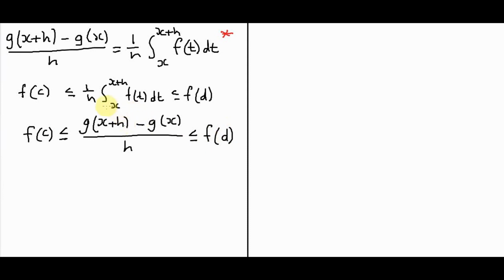This inequality can also be proved similarly when h is less than 0. Now we let h approach 0. Since c and d both lie in the closed interval from x to x plus h, as h approaches 0, both c and d will also approach x.